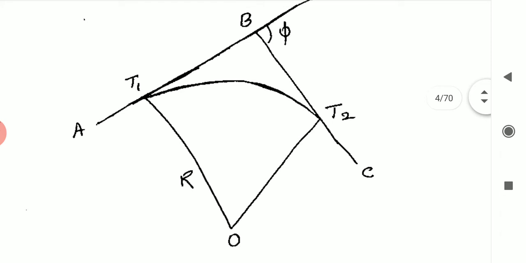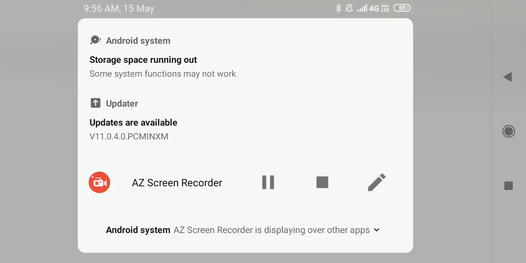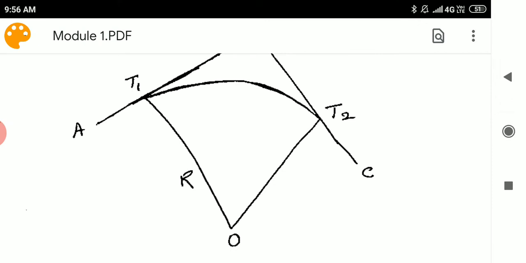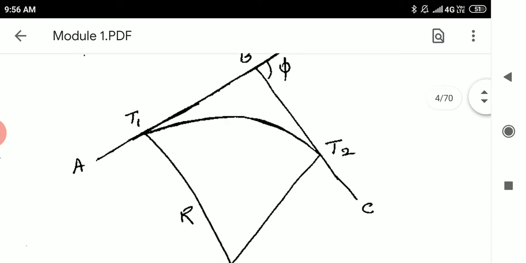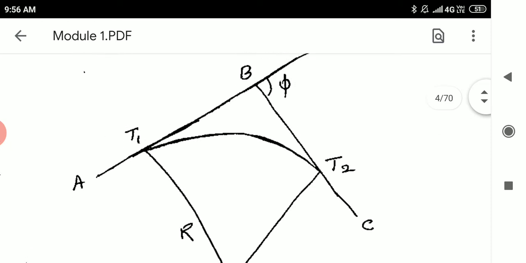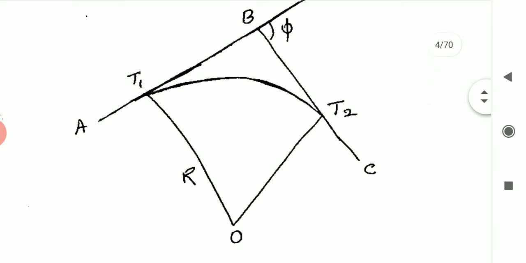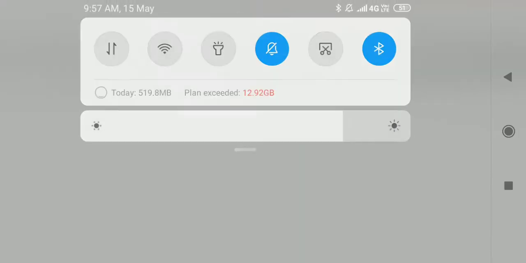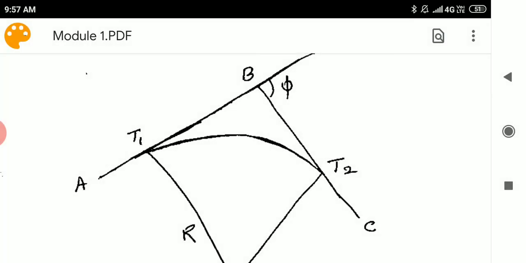See here, ABC. In that case, the angle phi of ABC is the deflection angle. The outer angle at ABC is the deflection angle and the inner angle is the intersection angle.